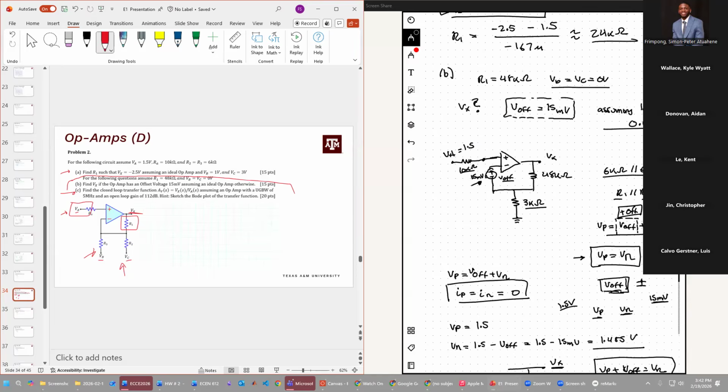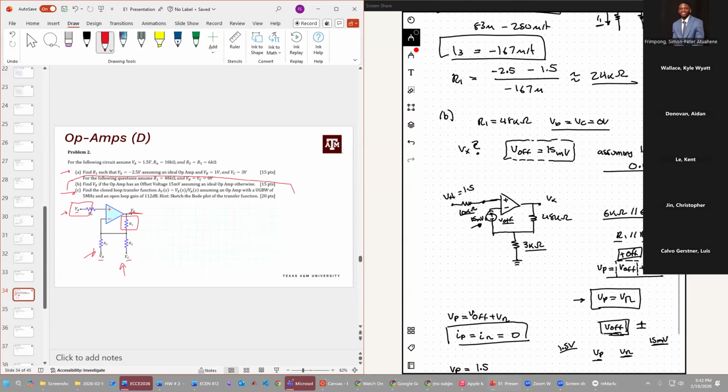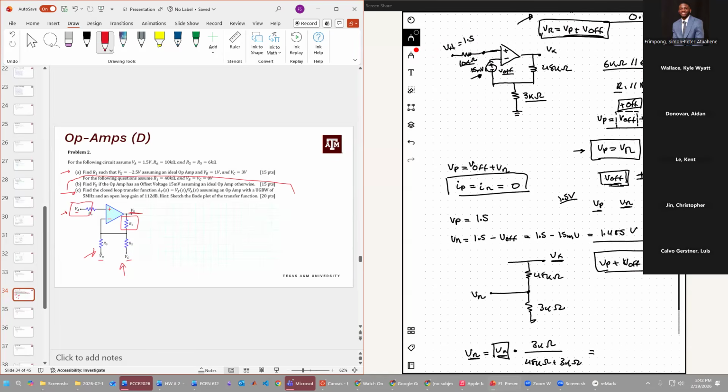Just to clarify, I made a little mistake. So the offset voltage, since it's positive, the equation is actually going to be Vn is equal to Vp plus V offset. It's like this, right? So this is actually going to be a plus sign here.